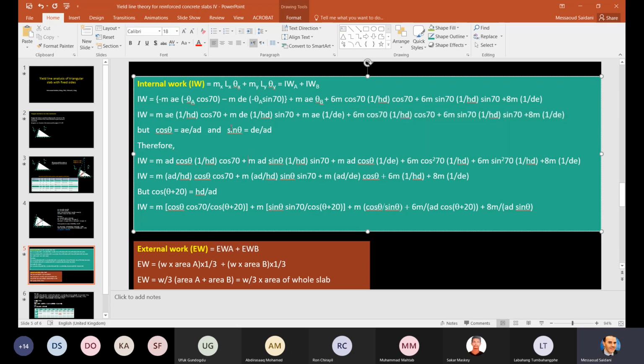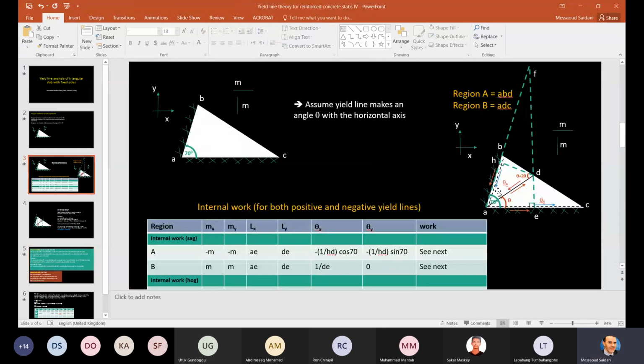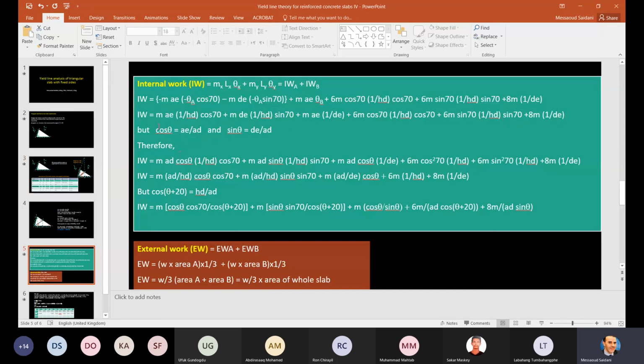Then what we did is we use the fact that cos theta is AE over the hypotenuse AD, and sine theta is the opposite, which is DE over AD. So I substitute that into the equation here.